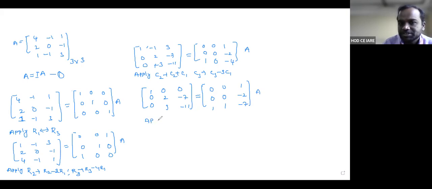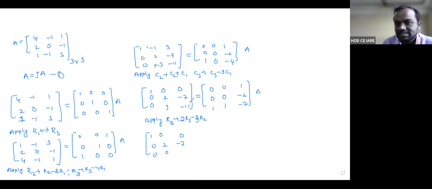Apply the row operation R3 change to 2R3 minus 2R2. So you get the values 1, 0, 0, 0, 2, minus 7, 0, 0. Next you multiply this: 2 minus 22 plus 21 minus 1.